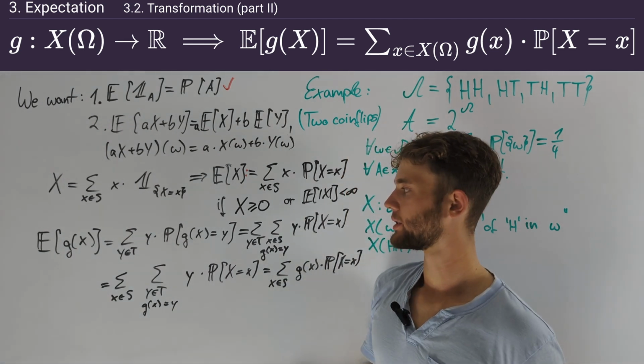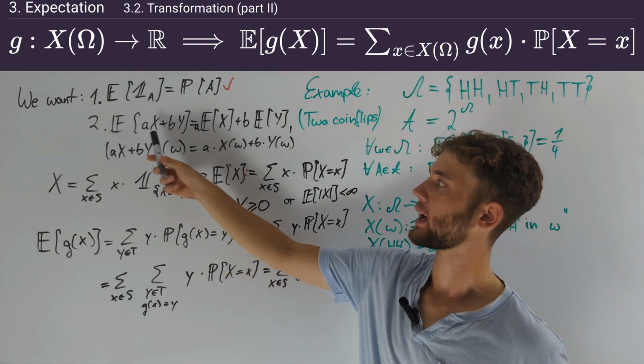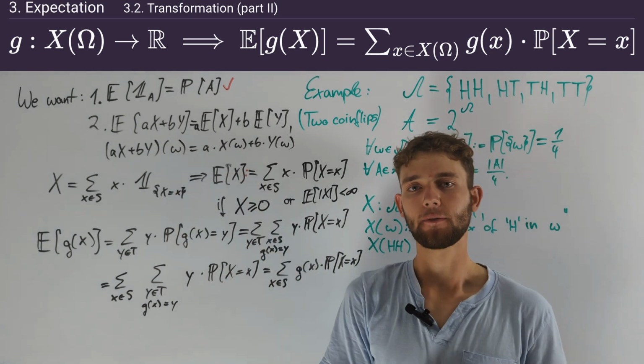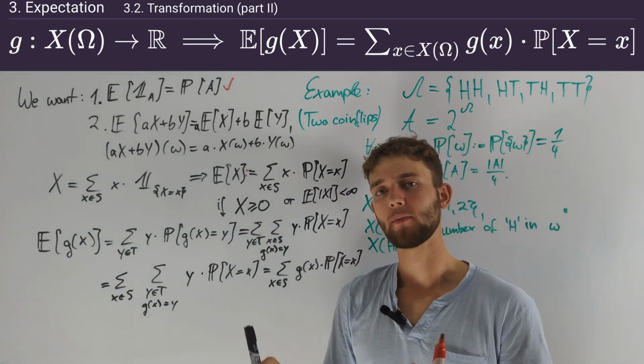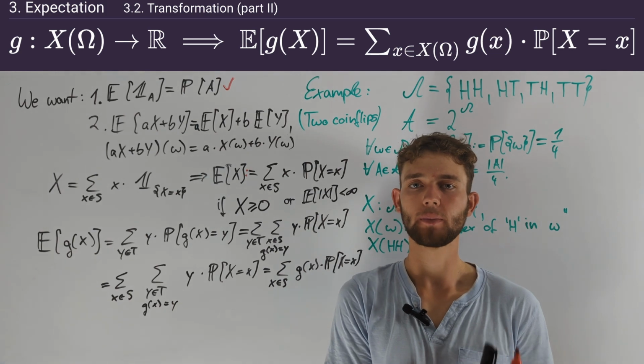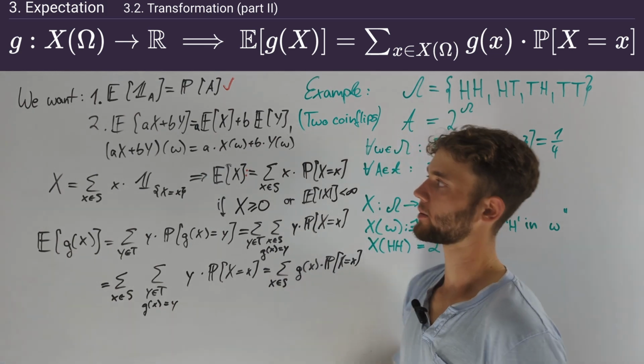We will use this result because we want to interpret aX plus bY as a function of the random variable (X, Y). Here, (X, Y) refers to a random variable in R squared, which is not a problem here.